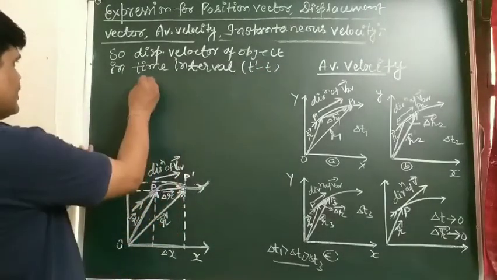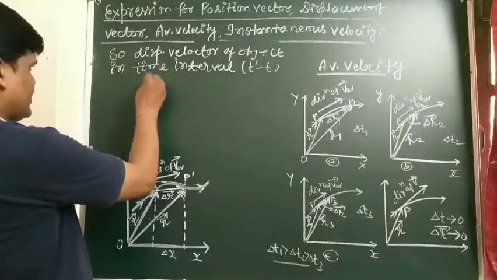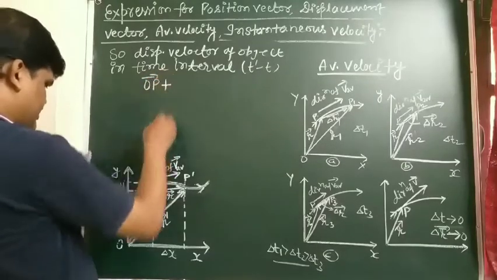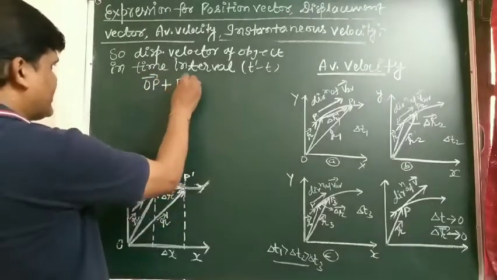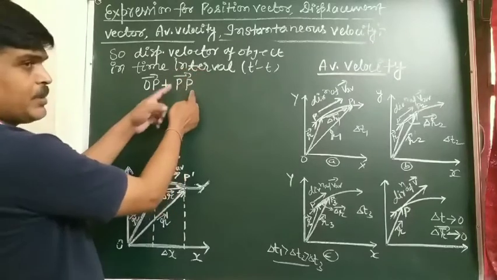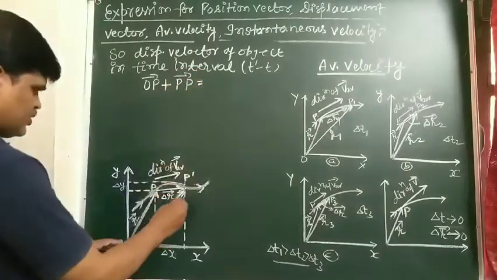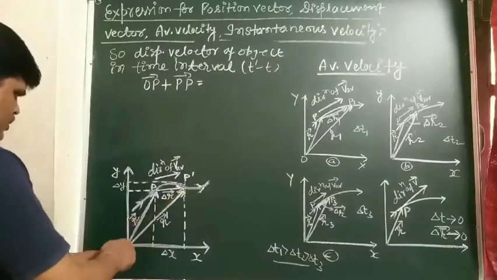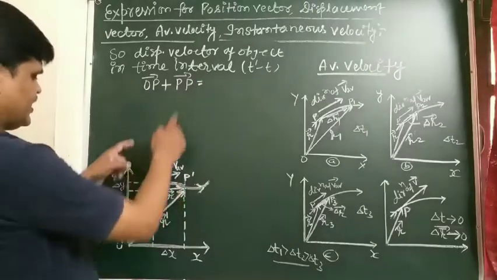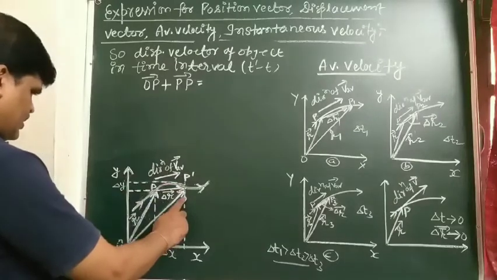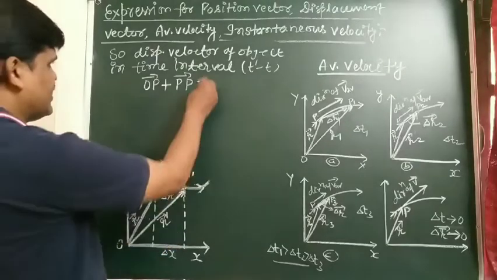OP vector plus PP dash vector is the displacement vector. OP and PP dash are taken in the same direction, and OP dash is taken in the reverse direction.